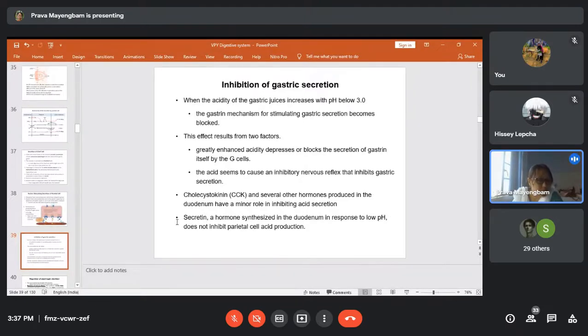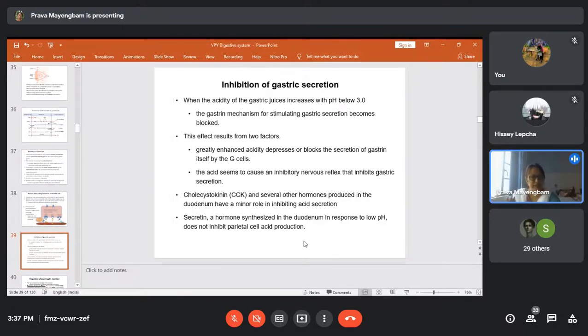This hormone does not inhibit parietal cell acid production. This hormone has no effect; its secretion occurs in response to low pH, but this secretion does not have any role.